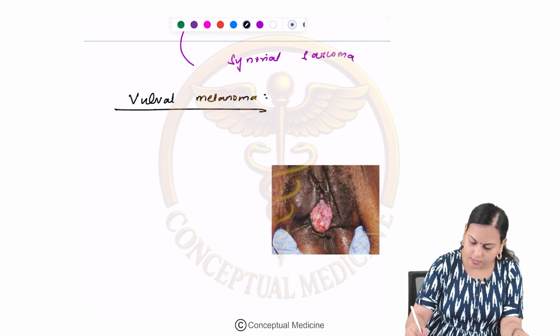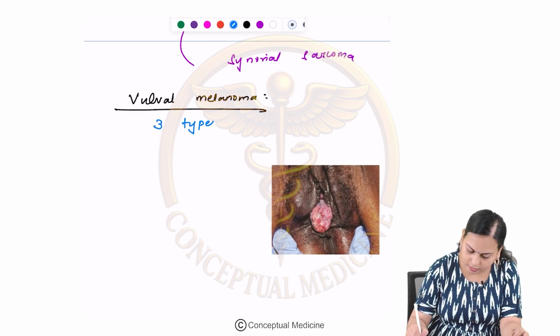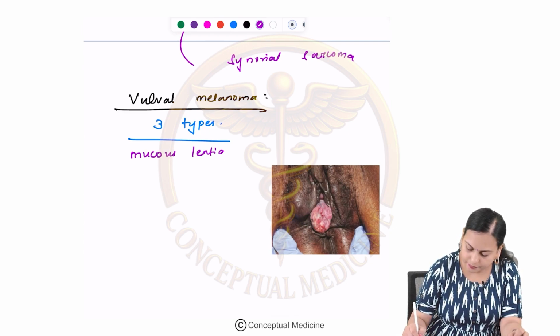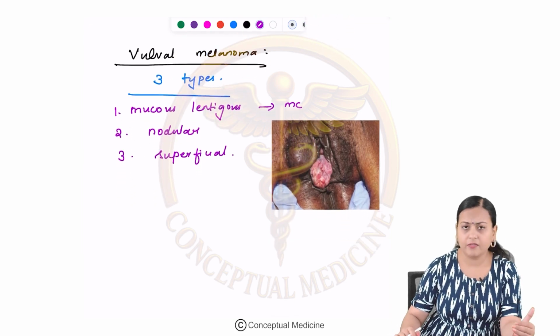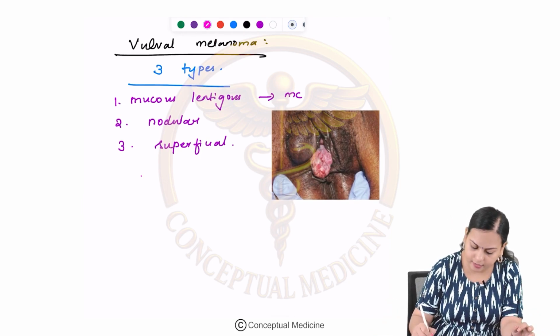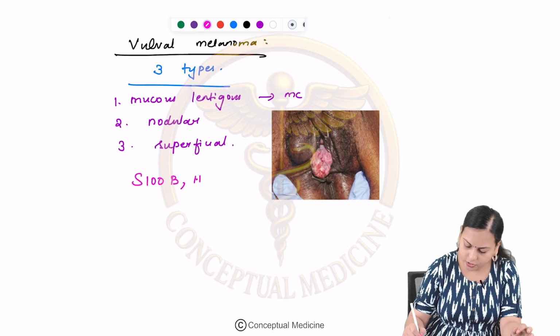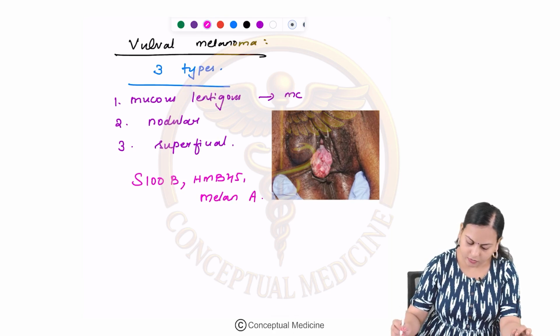Okay. See, there are three types of vulval melanoma that exist. The mucosal lentiginous type is the most common, and there are also nodular and superficial subtypes. Okay. So the vulval and the cutaneous melanomas usually share the common immunohistochemical markers like S100B, HMB45 and Melan A. Okay.